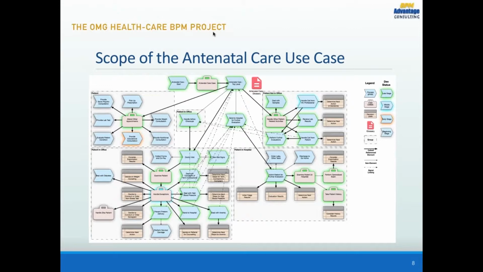So you can see, this is not a process flow or anything. It's just a set of all the different models and the connections between them. And so that's all just showing the overall scope. That's basically what we developed in this context. So it is quite a large set of models, all interacting, all part of the same use case.